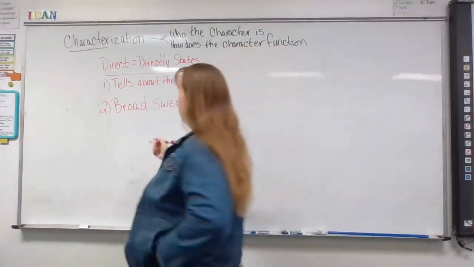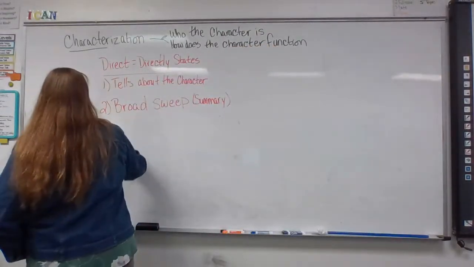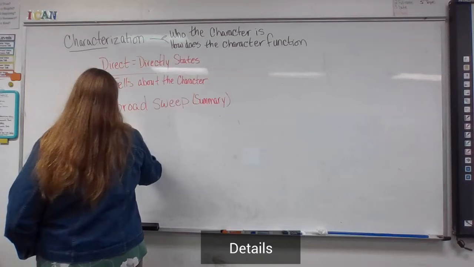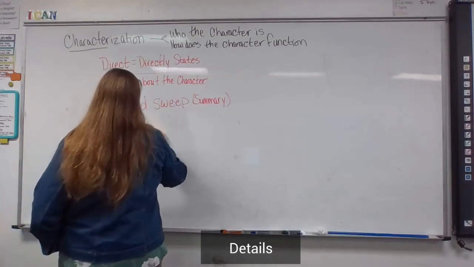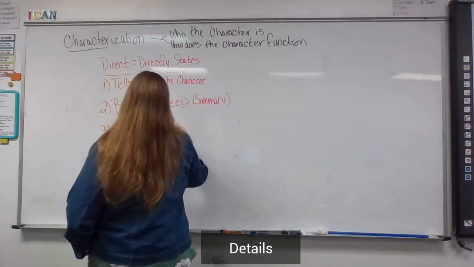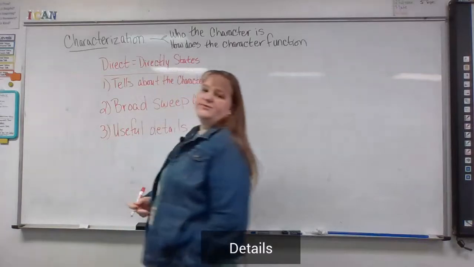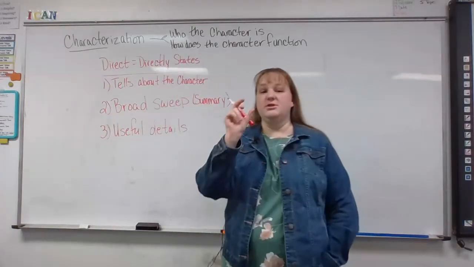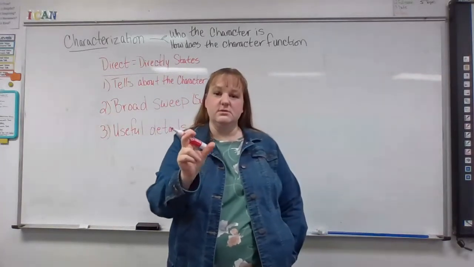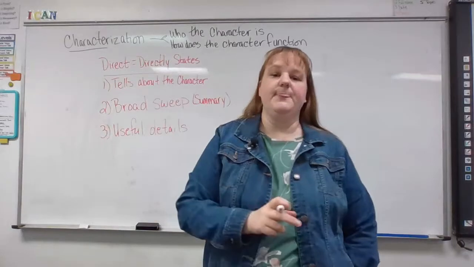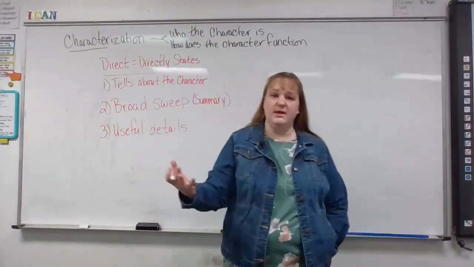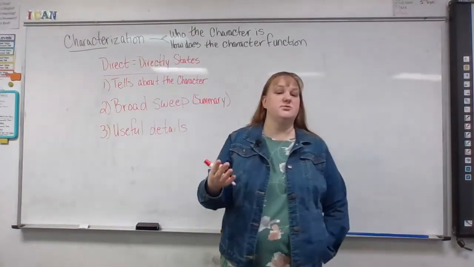The third thing is that they give us very useful details. Okay. Useful details. So it's going to be short, concise, sweet, to the point. They're very broad, again, details, so they're very easy to remember.